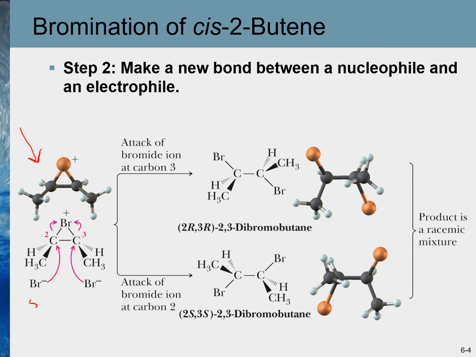So that means there is a 50% chance that the attack may happen at carbon number 2, and a 50% chance that the attack may happen at carbon number 3. Let's take a look at what happens if the attack takes place at carbon number 3 first. If this bromide nucleophile attacks at carbon 3, then the bridge will break from this side and the bond will move to bromine, and we will get this product.